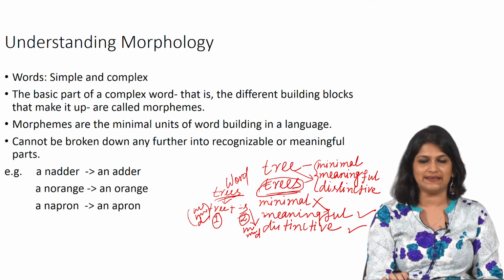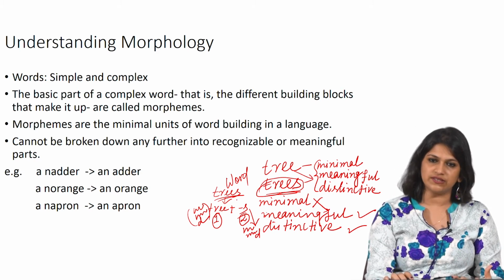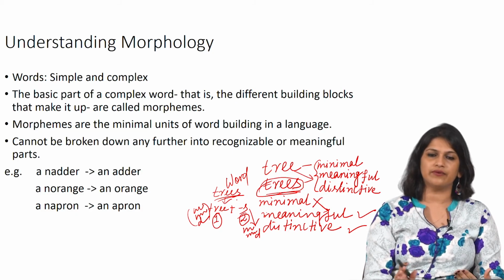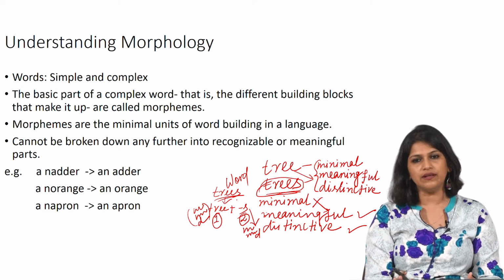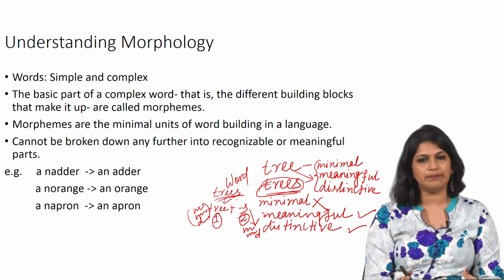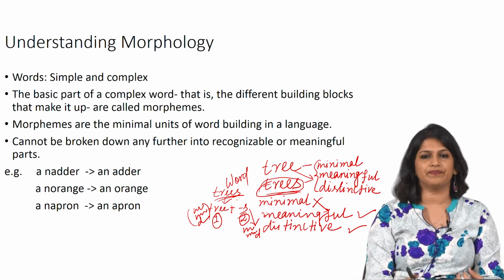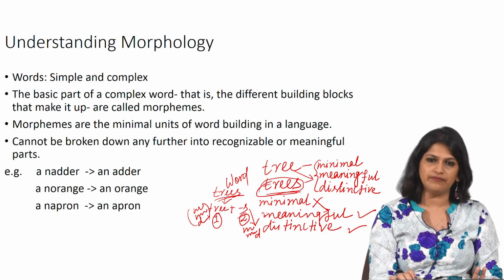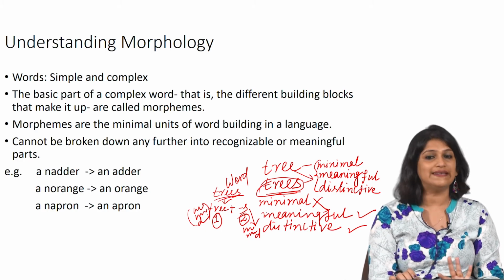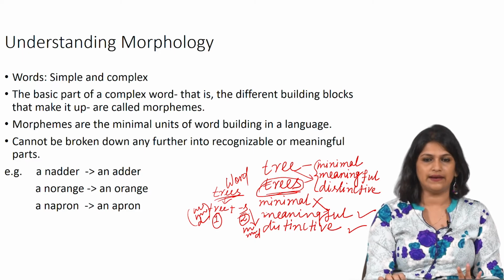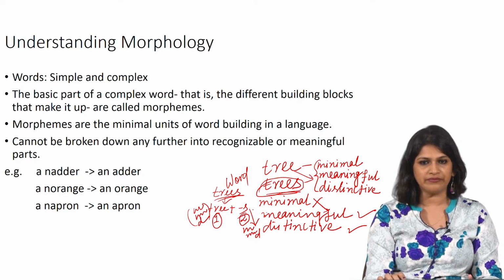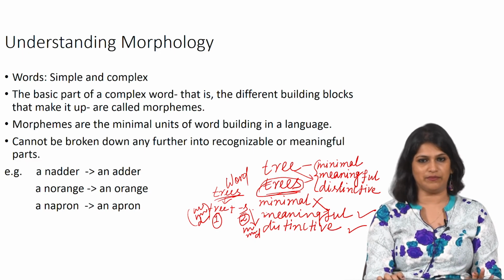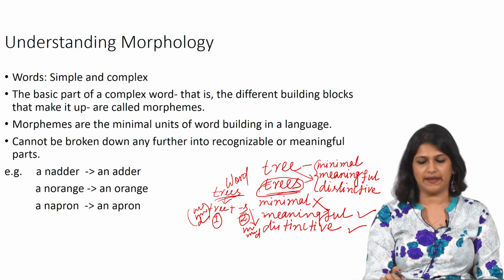So, when it is added to tree, it changes the meaning of the whole word from singular to plural, but alone it cannot stand. That is why tree is a free morpheme. In other words, you can call it an independent morpheme, and S is a bound morpheme, or a dependent morpheme, right.